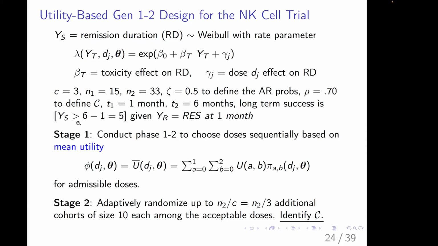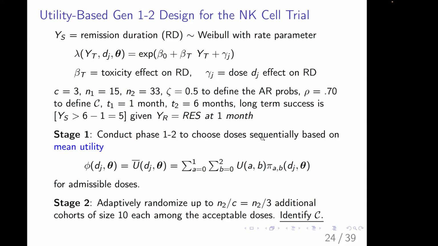This says, well, you scored their response at month 1, and so do you go to month 6 and still, is the patient still alive and in remission? So 6 minus 1 says their time to loss of response, to fall out of response or to die is at least 5 months. And this is given that they're a 1-month responder. So it's a conditional probability we're going to compute.